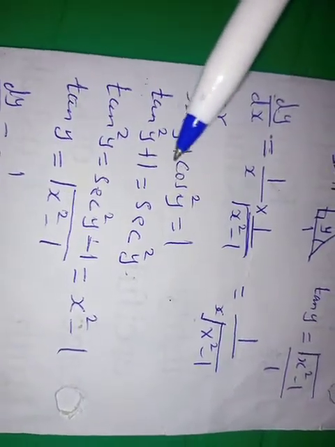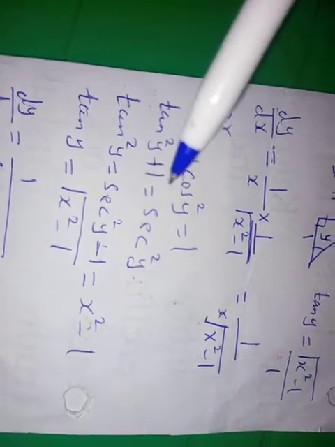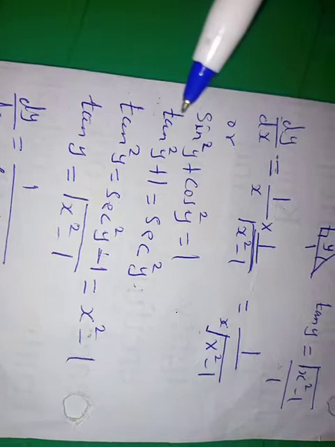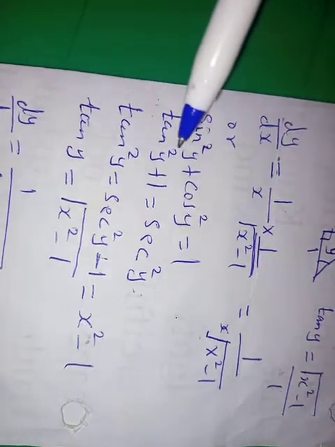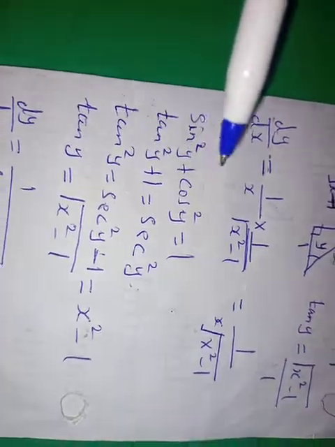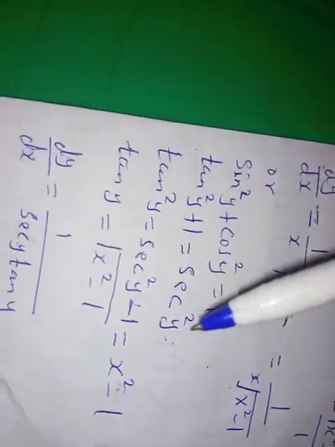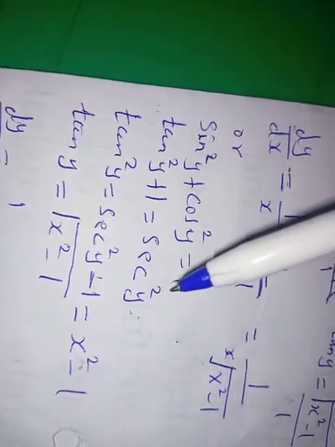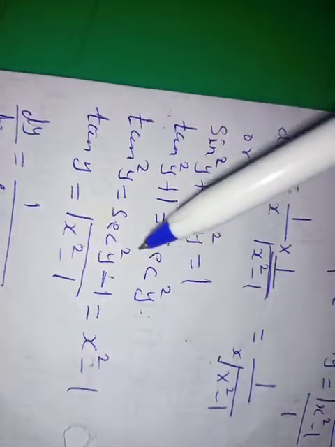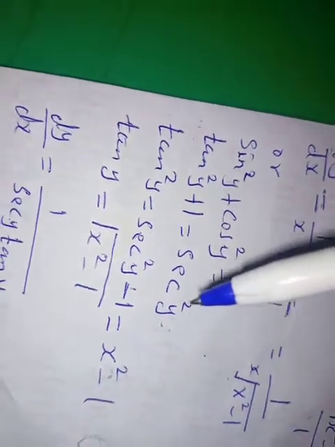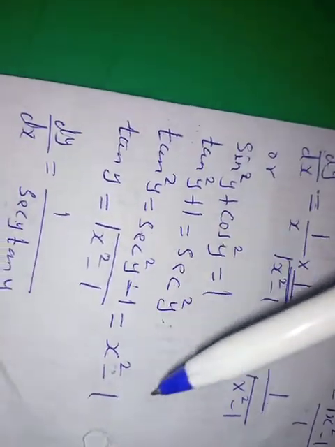We divide both sides by cos squared y to get tan squared y plus 1, which is equal to sec squared y, because 1 over cos squared y is sec squared y. So take 1 to the other side, and you will be left with tan squared y, which is equal to sec squared y minus 1.